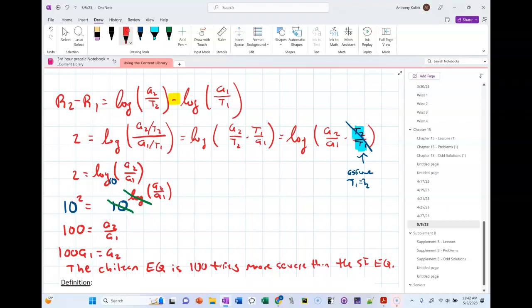Notice that I didn't actually solve for A1 or A2, but the question didn't actually ask for that either. It just asked how much more intense was one than the other. Now I could have found that intensity by solving for each one of them, but I didn't have enough information to actually do that.